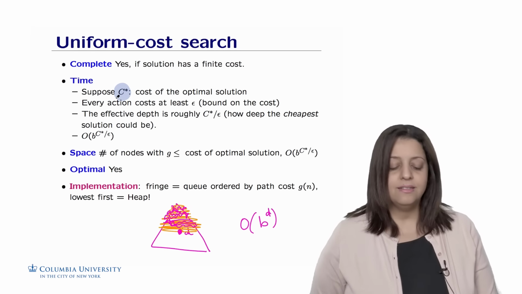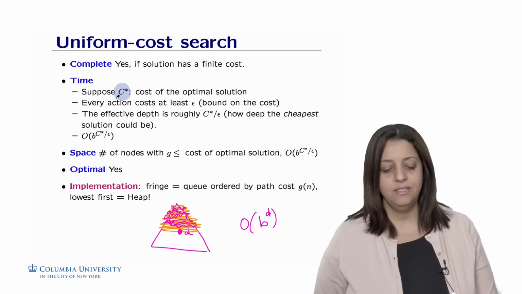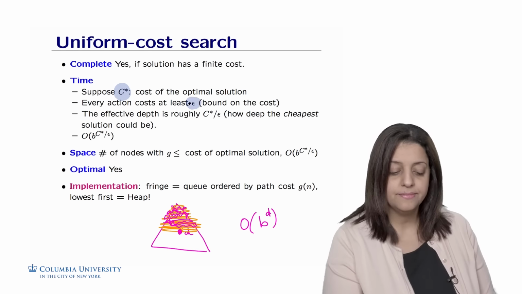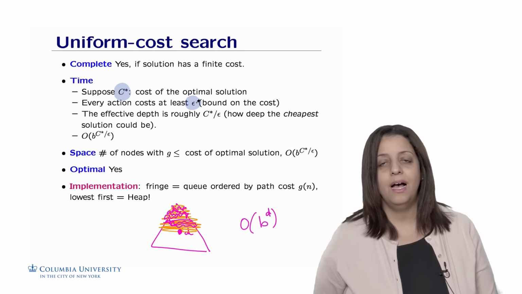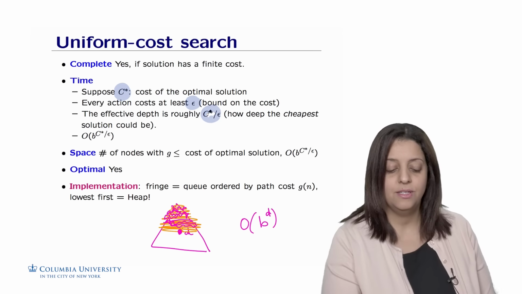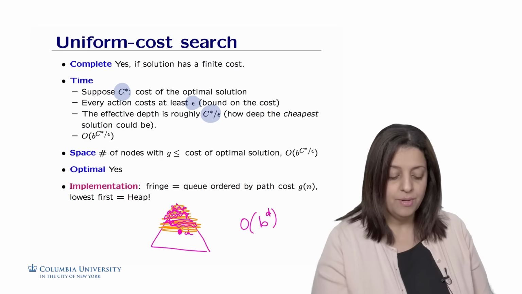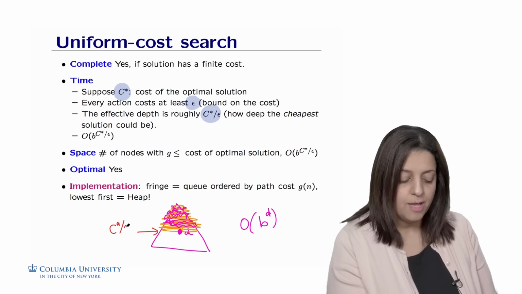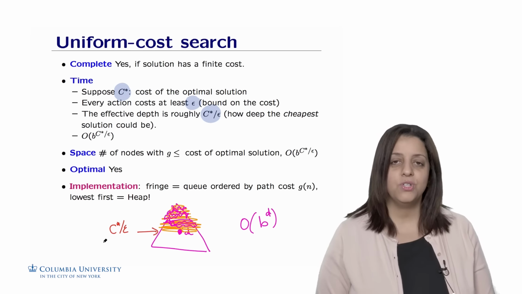We suppose also that each action cost is bounded, so every action would cost at least epsilon. Given C star and epsilon, we could estimate the effective depth, which is roughly C star divided by epsilon. Instead of D, we're going to have C star divided by epsilon, which is an estimation of the depth of the solution based on our search based on the costs.